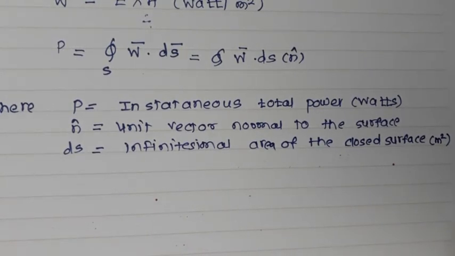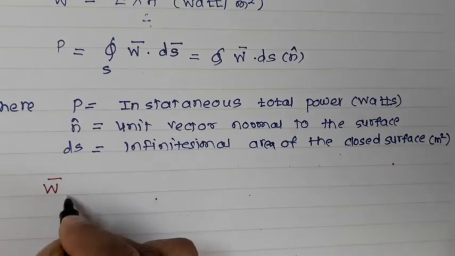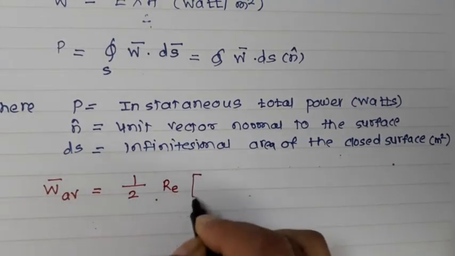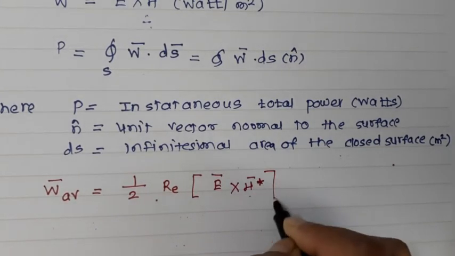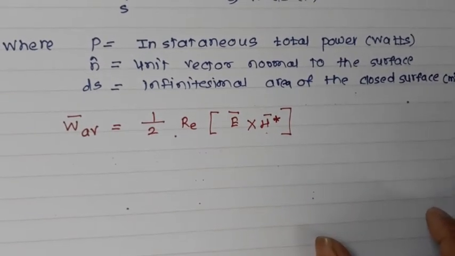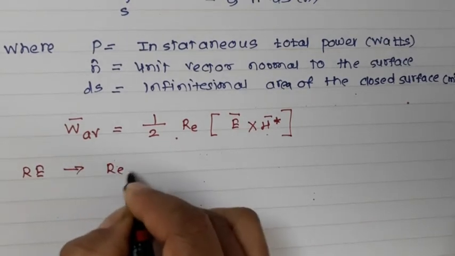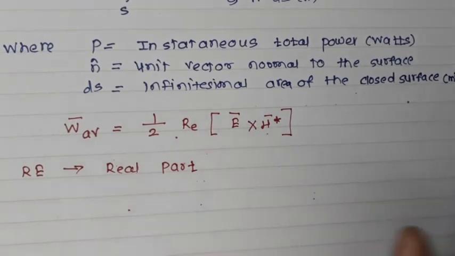Now the average power density is obtained using the complex Poynting theorem. If I am interested in calculating the average power density, it will be 1/2 Re of E cross H complex conjugate. Here the term Re represents the real part, so W average is real in nature.